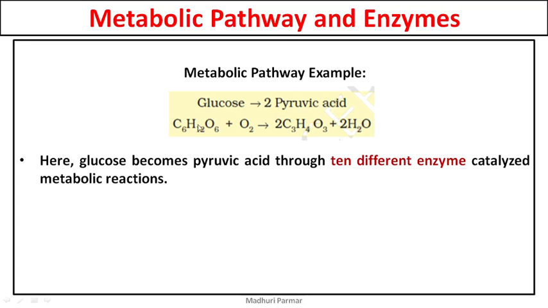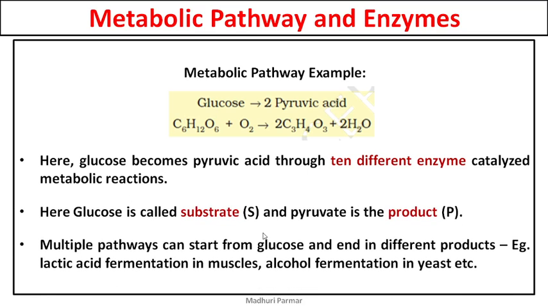This glycolysis: from C6H12O6 plus oxygen to give you C3H4O3, which is pyruvic acid, plus water. This whole reaction is not a single step reaction. It happens in multiple steps, with the help of 10 different enzymes. So it is called a metabolic pathway.